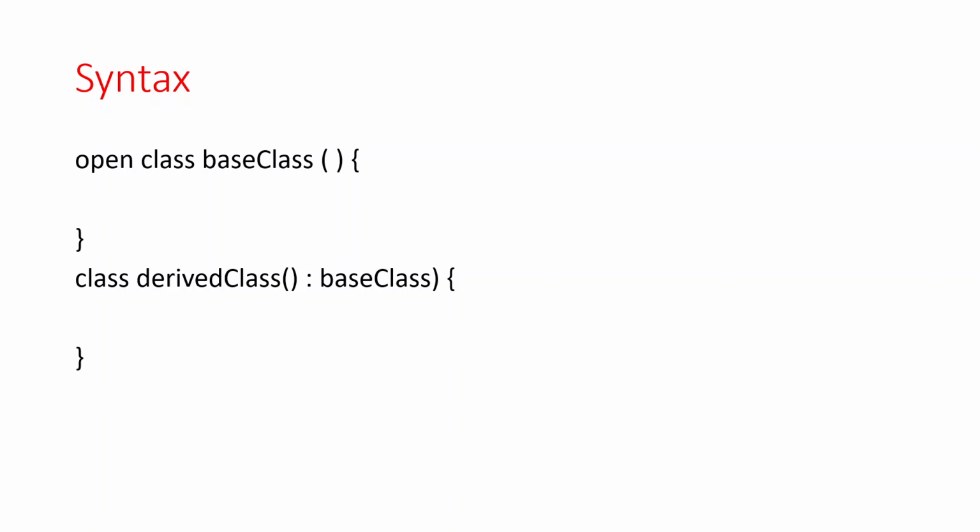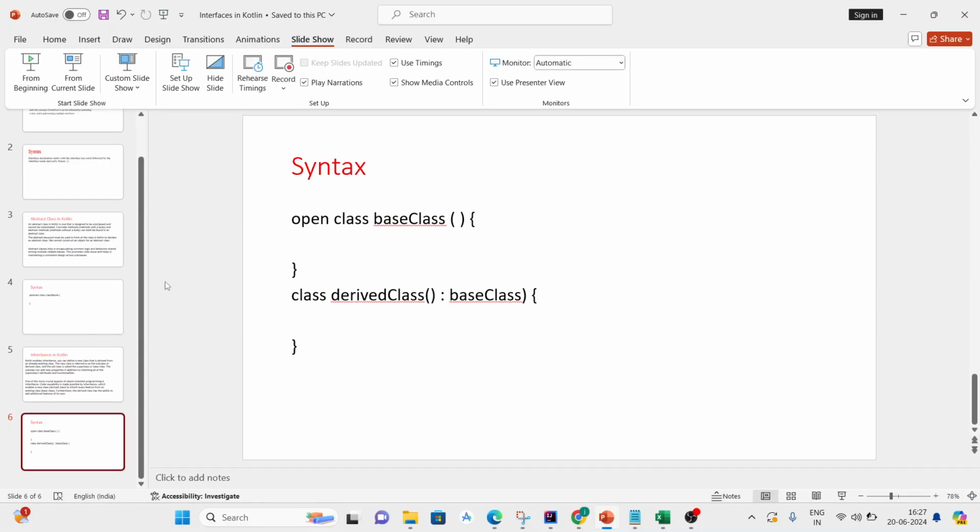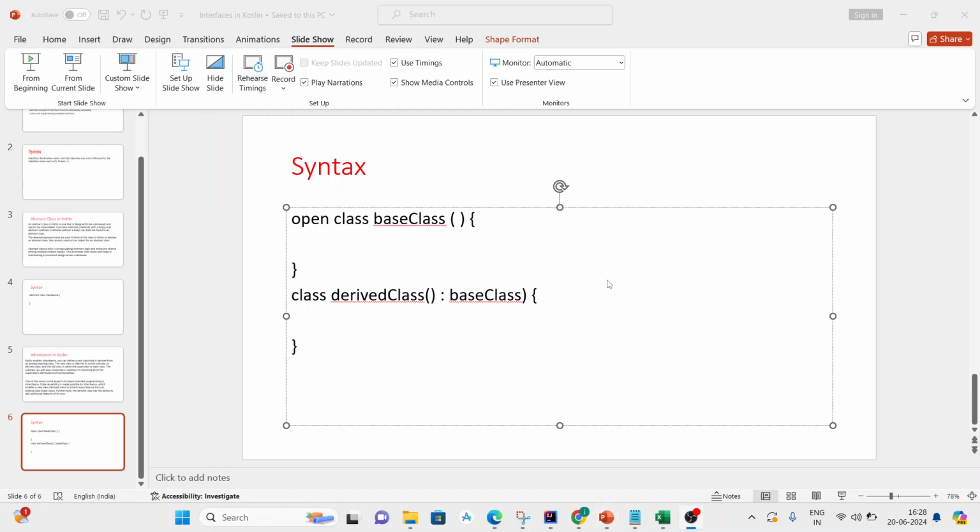Next is class, derived class, extend the base class. As you can see, this is the syntax of inheritance. Let's understand it with one example.